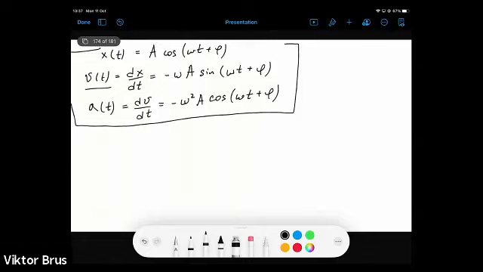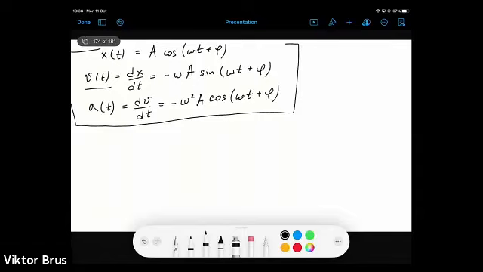Since sine and cosine functions change in the range from 0 to unity, all of these parameters, position, velocity, and acceleration, will possess some maximum values when the respective trigonometric function, cosine or sine, reaches its maximum value of unity.